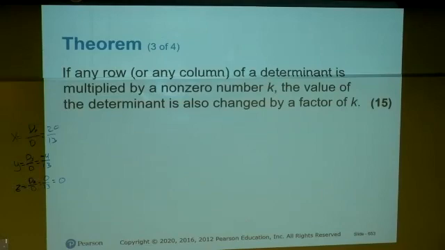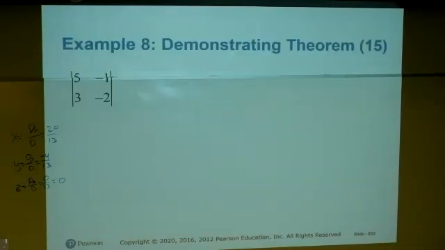If any row or column of a determinant is multiplied by a non-zero number x, then the value of the determinant is also changed by a factor of x. So you multiply one row by k. That's like finding the determinant and then multiplying that number by k, which is what they do here.